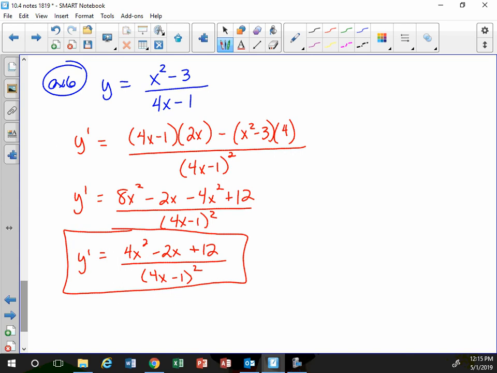Check when you're ready. You can factor out a 2 from your numerator, but it's not going to simplify it in any way, so you don't have to factor.